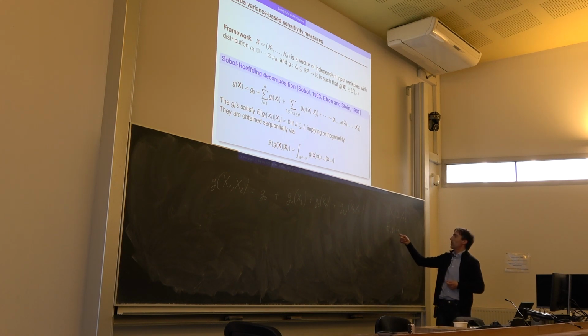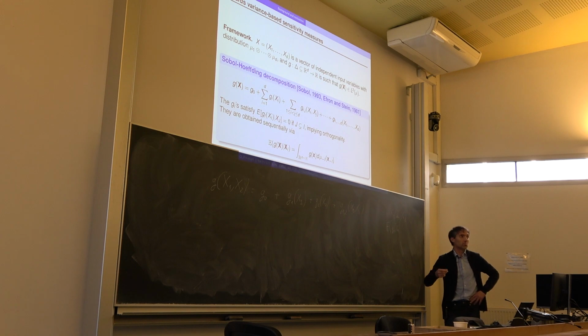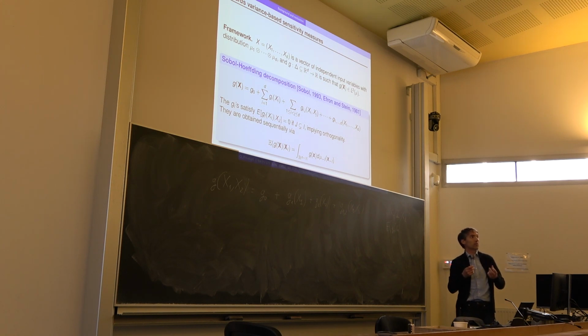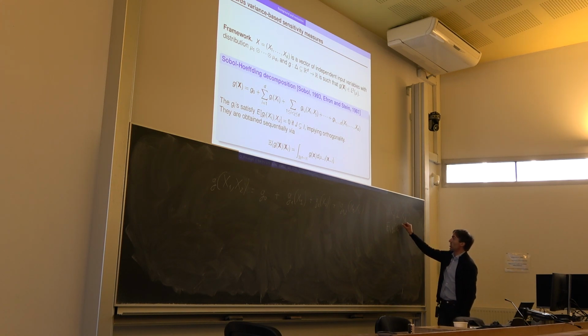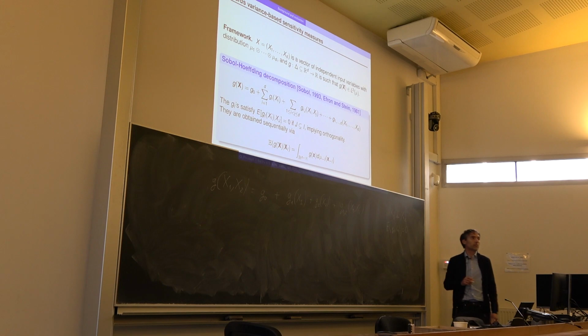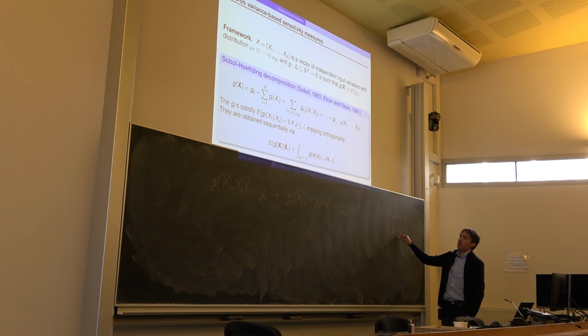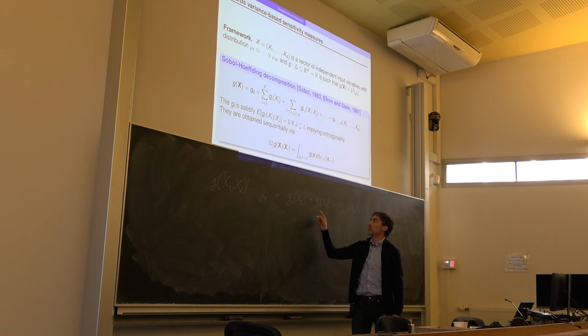So if you have this term, a term depending on one variable, when you project it onto a strict subspace, there is no strict subspace, it is an empty space. So it is just the expectation. So it should be 0. This is the assumption. So it means that this term is centered.